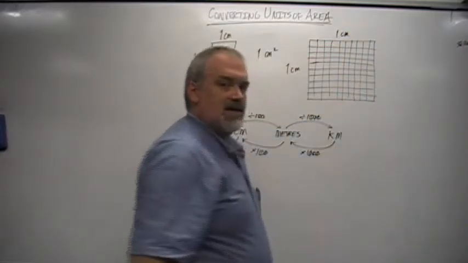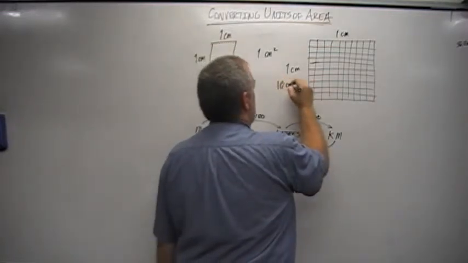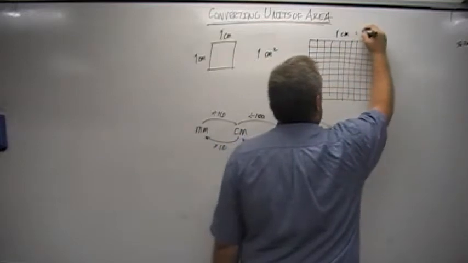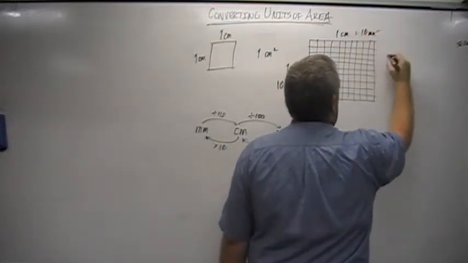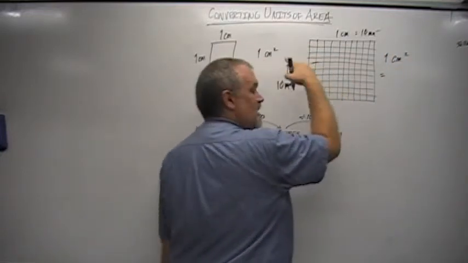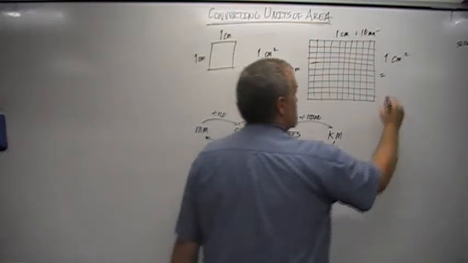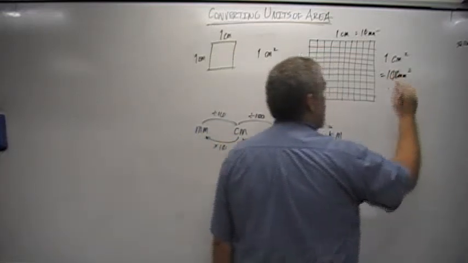How long is it on the side? It's 10 millimeters. So my 1 centimeter squared becomes equal to 10 times 10, which gives me 100 millimeters squared.